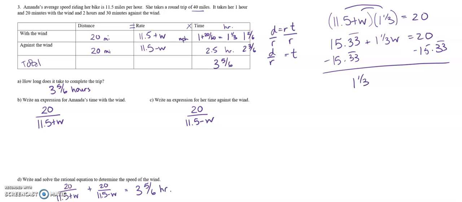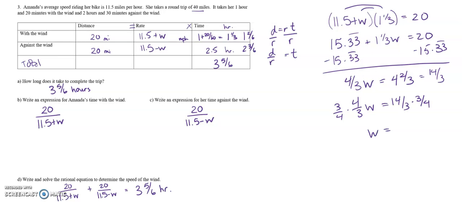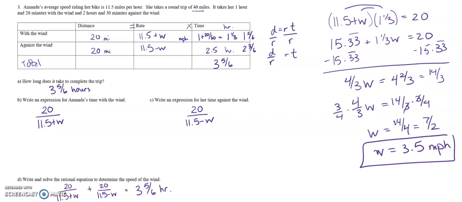So now I've got 1 1/3 W. Actually, I'm going to rewrite that as 4/3, which will be easier. 4/3 W equals 4 2/3, which is 14/3. So I have 4/3 W equals 14/3. Multiply that by 3/4, and we get W equals, the 3's cancel, 14 over 4, which reduces to 7 over 2, which is 3.5 miles per hour for the wind speed.